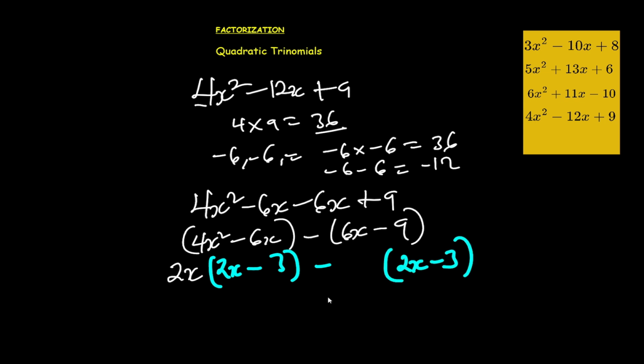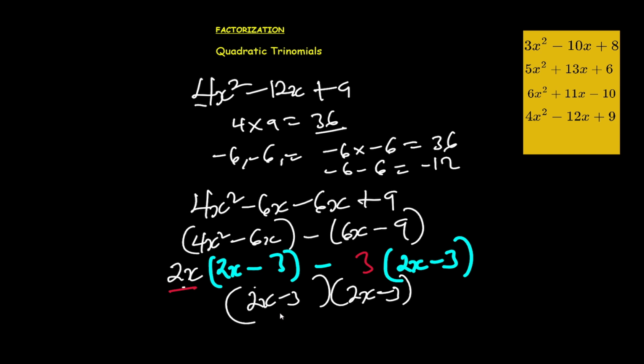So here there's no need for you to factorize the common factor out, just write what you had here, and then let's try 3. So here now we go ahead and write 2x and negative 3. So the final answer is gonna be 2x minus 3 and then 2x minus 3.